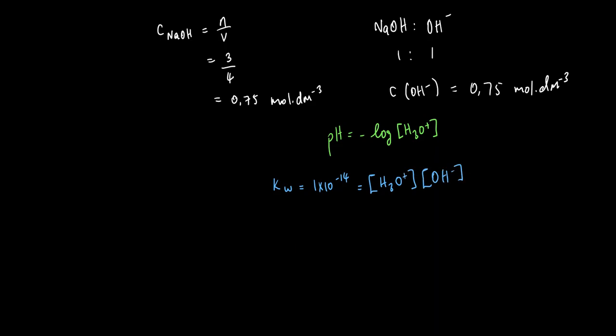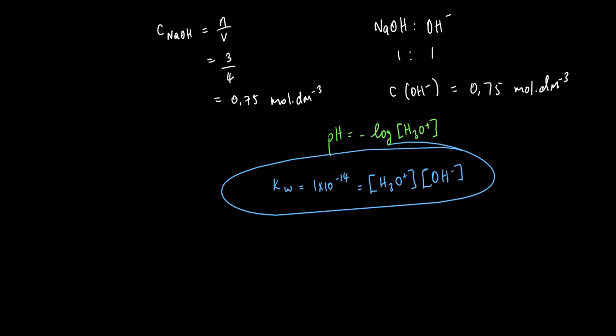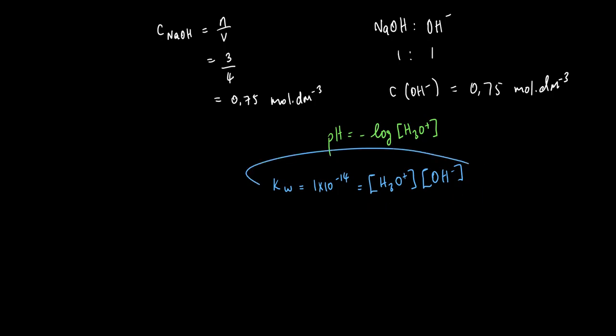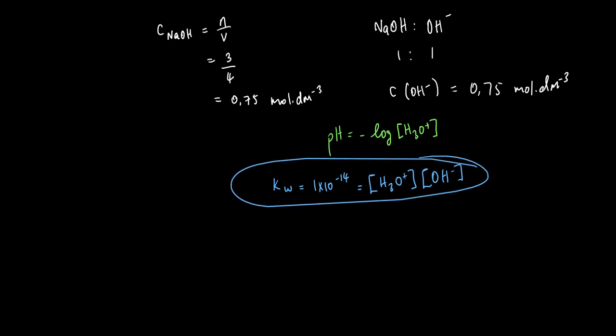So how do we apply this formula? We only use it because we want to get the concentration of H3O plus when we have the concentration of OH minus. So how the formula works is that you will say 1 times 10 to the power minus 14.